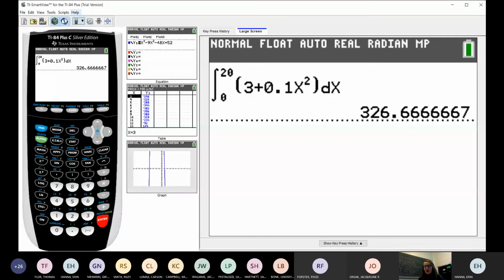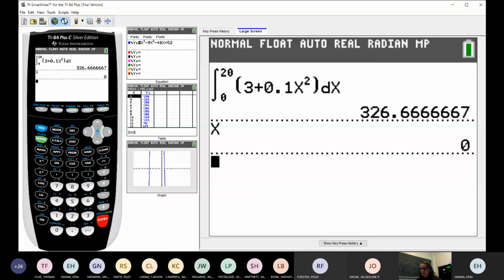When you need to put the X in there, you need to press the XT theta N button. If you just put that by itself, it'll give you 0 or maybe, hopefully not something else.